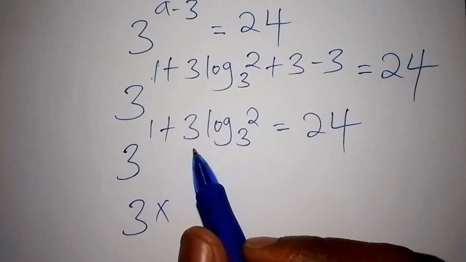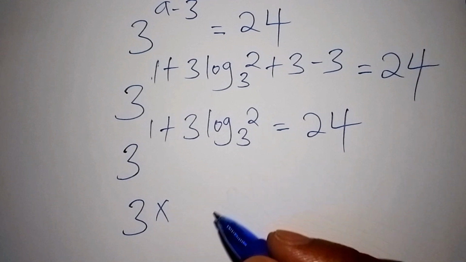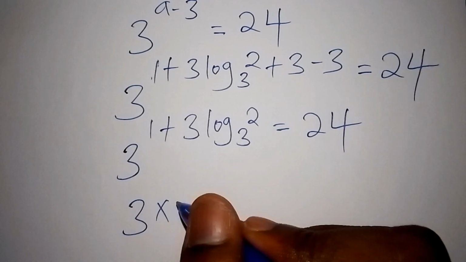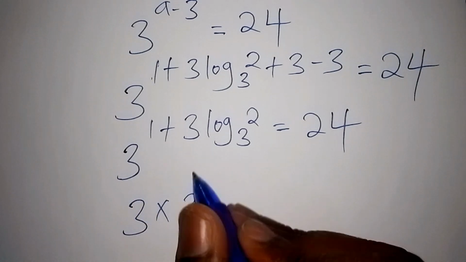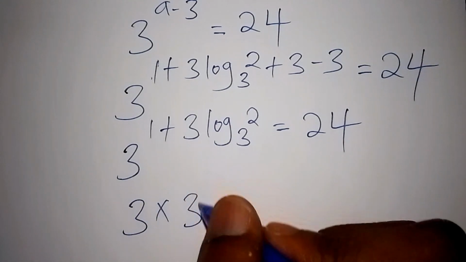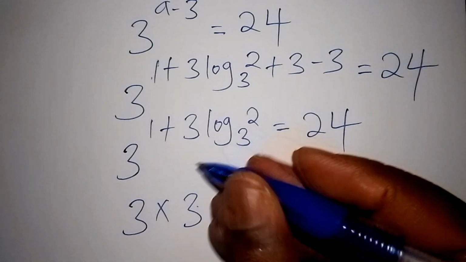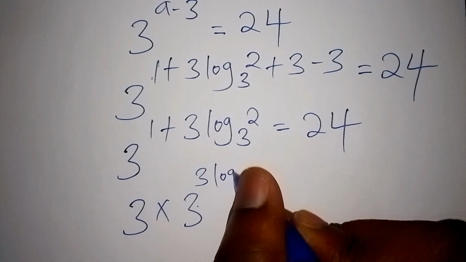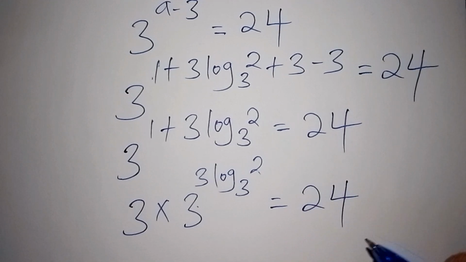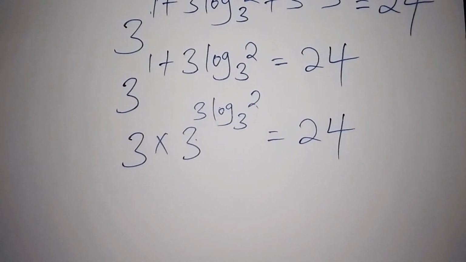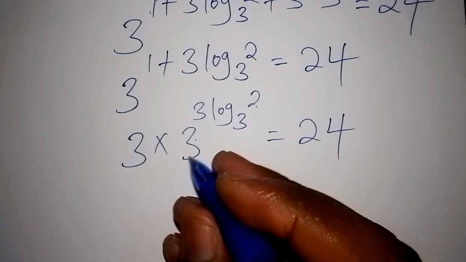So here we shall have 3 the log of 2 to the base of 3, so 3 to the power of 3 the log of 2 to the base of 3 is equal to 24.